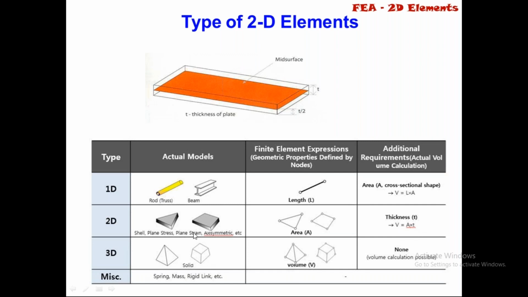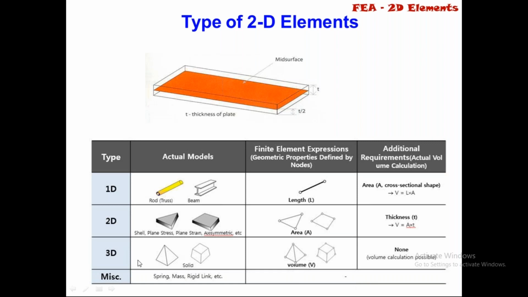Then regarding 3D, this is not in our syllabus, but just from a knowledge point of view, the elements are tetrahedral and cubical in shape. This is the graphical representation, and volume calculation is possible. Yes, we can calculate the volume of all elements and objects, and I think nothing is impossible when calculating the volume of any object.